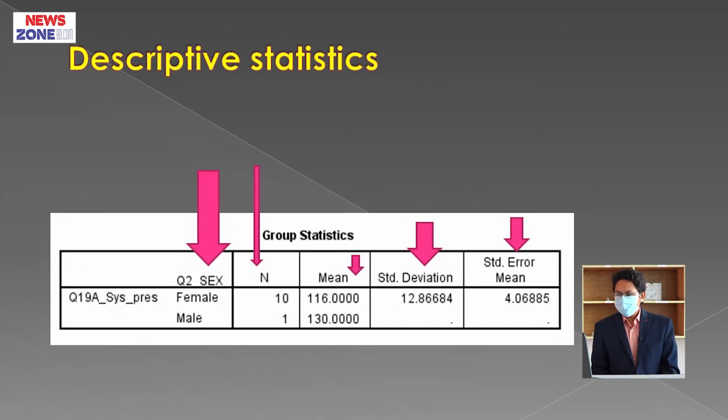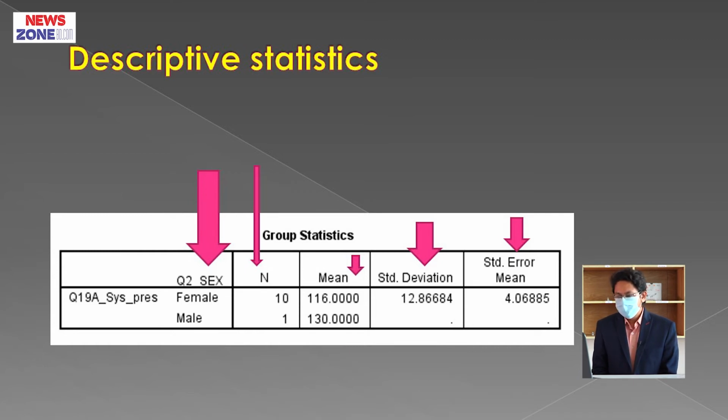In the descriptive statistics table, we see there are several columns. First of all, the name of the variable, that is sex. It is divided into two parts, one is female, another is male, and next column is for n, or number of observations. There are 10 female and 1 male in this data set, and next column is mean.